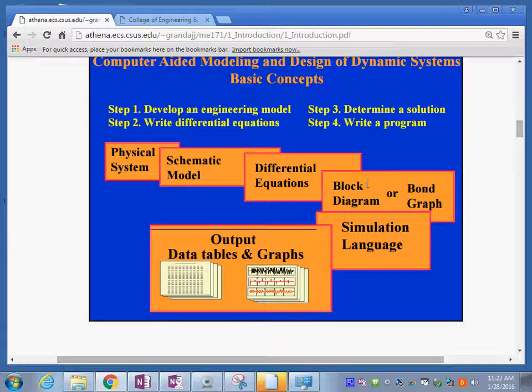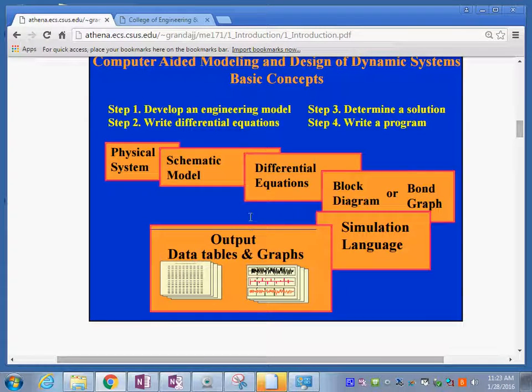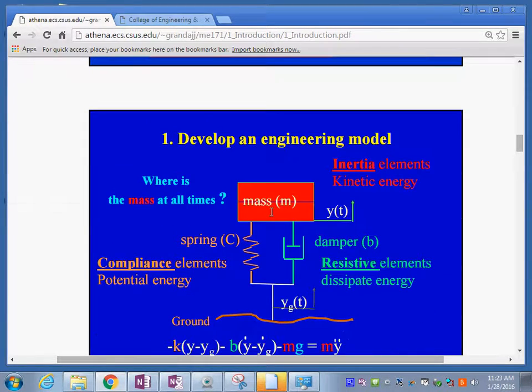So once you have that, either by hand or automatic, on the simulation language, you will be able to interpret the graphs or the numerical results, and then you will be able to go back and change your system and do the design. That's in general the idea.